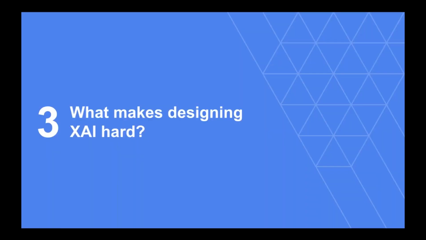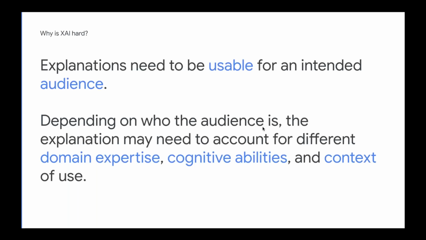But there's a number of things that make designing explainable AI hard. But the number one thing is the humans. So the techniques behind it are fairly straightforward in the scheme of things, but humans are tricky to design for. I tried to sum it up here, that in order for explanations to do their job, they have to be usable for an intended audience.